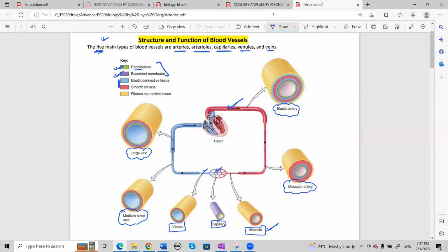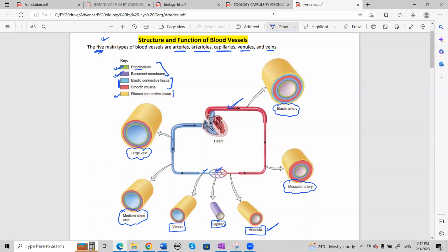You will find they are present in artery, vein, and as well as in venules, but they are not present in capillaries. So these are the layers which are absent in the capillaries. And the outermost layer, fibrous connective tissue, is also absent in capillaries.